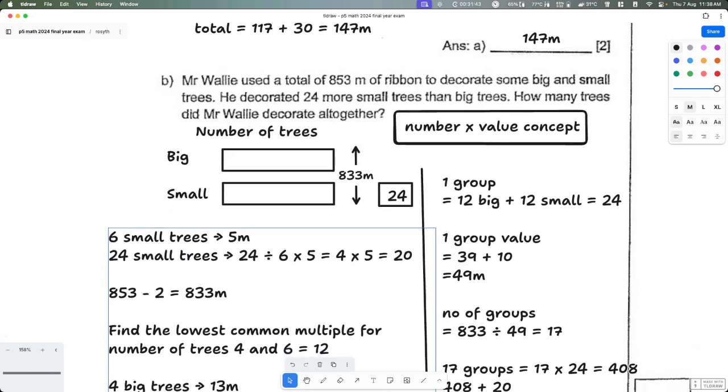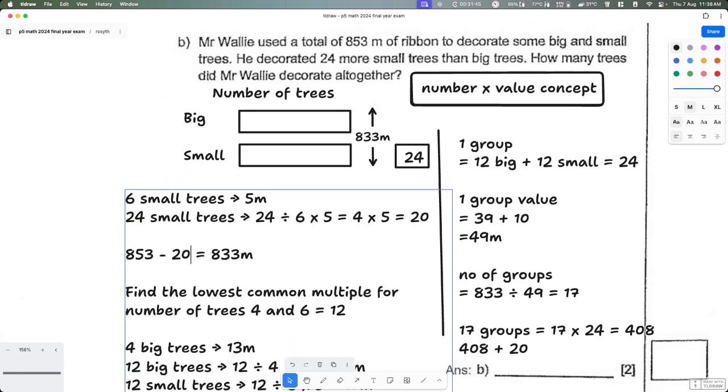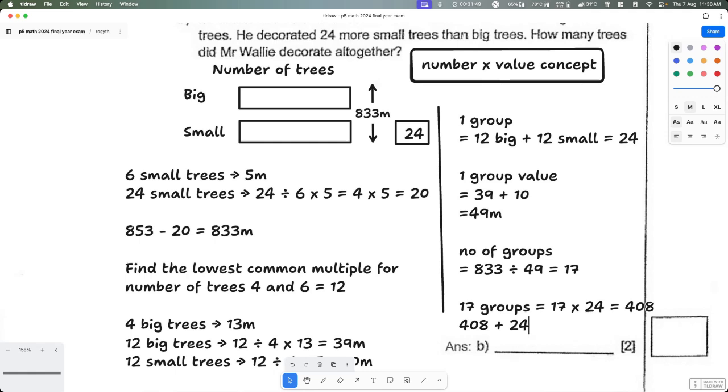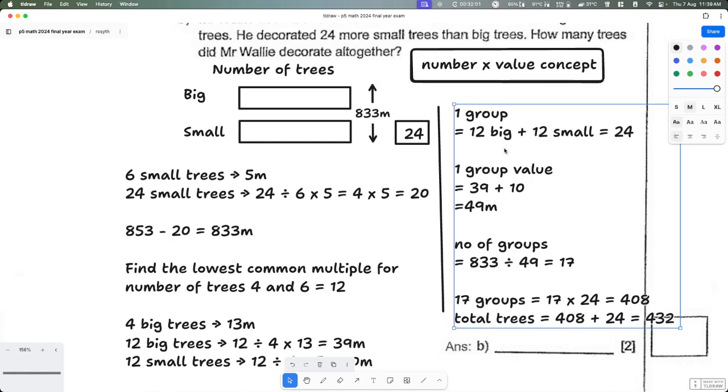What's the total? 853. Oh yeah, correct, the additional is 24 trees, not 20 meters. So the additional 24 over here gives 432 trees. So the total trees is equal to 432.